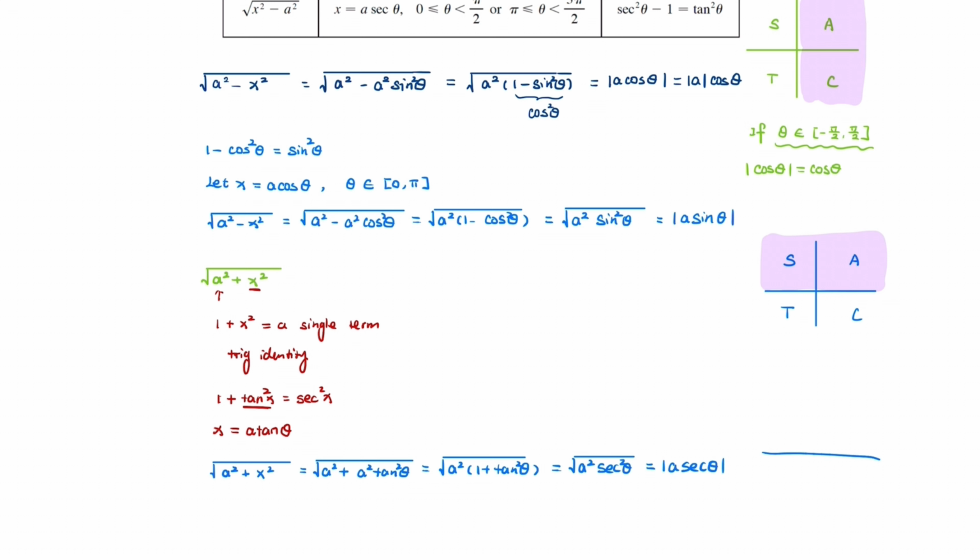Here again, let's think about where my secant theta is positive. All students take calculus. Secant theta is 1 over cosine theta. So if cosine theta is positive, then secant theta should be positive as well.